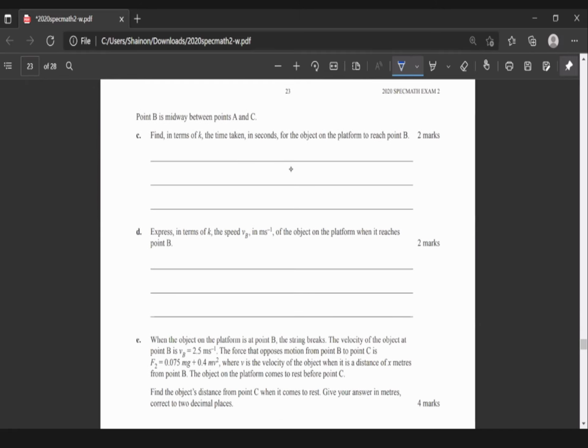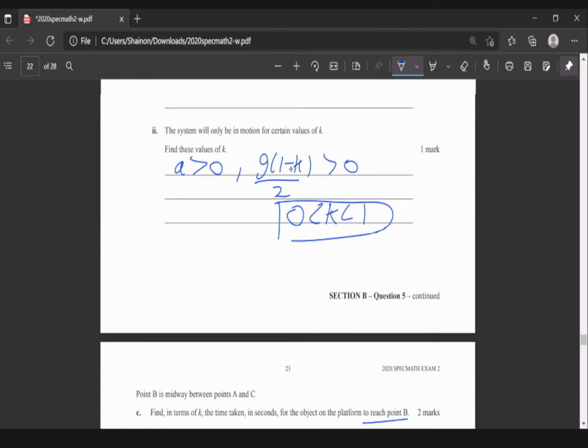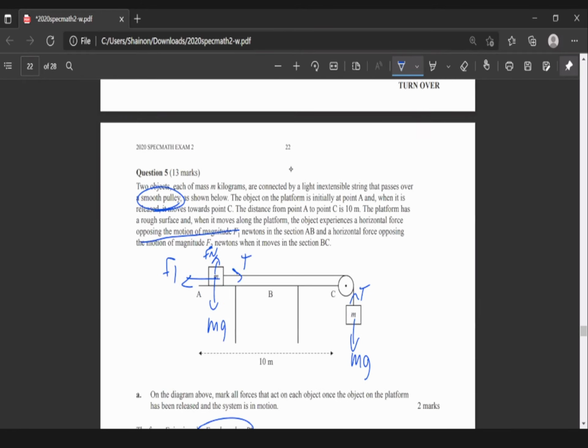Part C, find in terms of k the time taken to reach point B, and B is midway between A and C. B is here, between A and C. So that's 5.